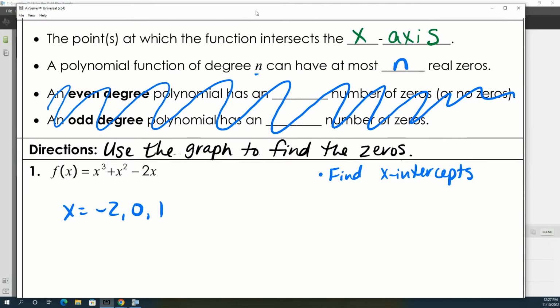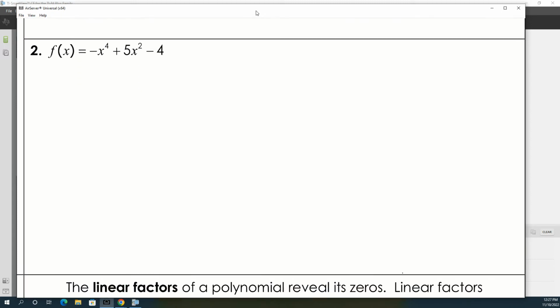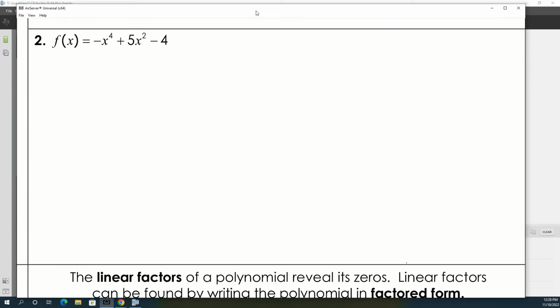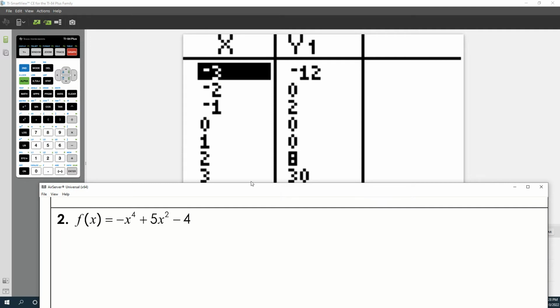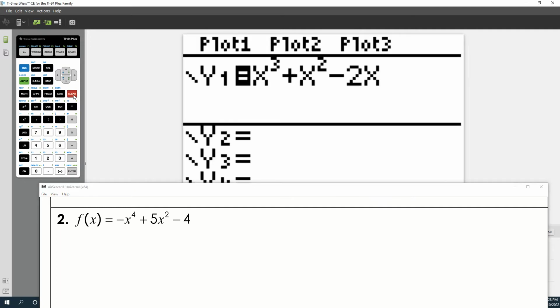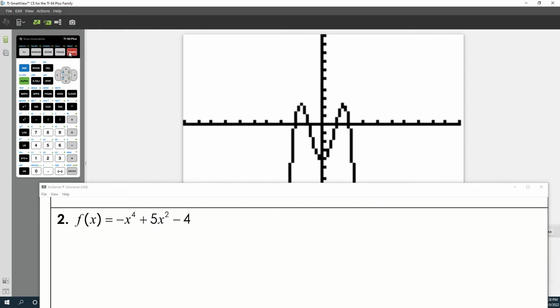Okay, so let's go ahead and do the next one. So we're going to take that and we're going to put it in to y equals. All right, so you guys write down what you think the zeros are.